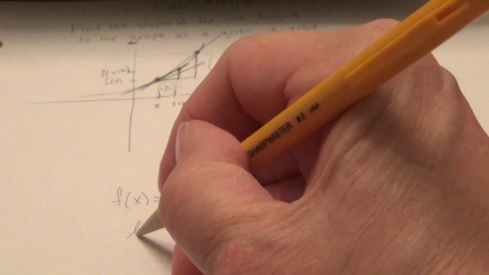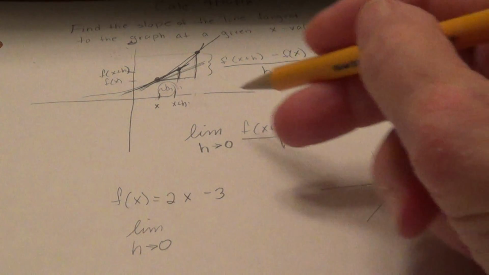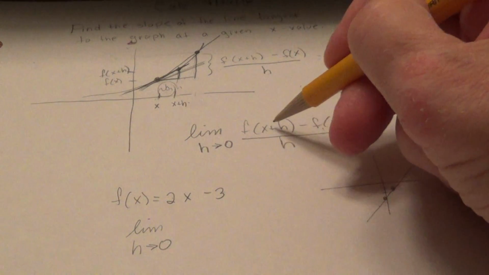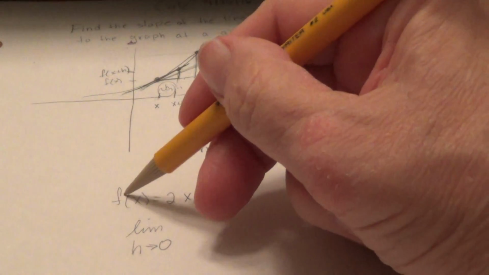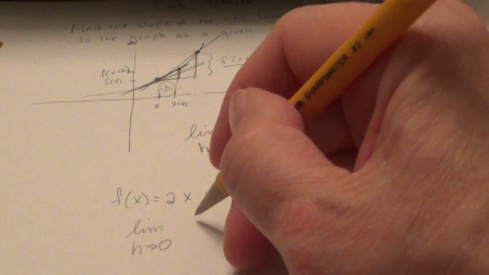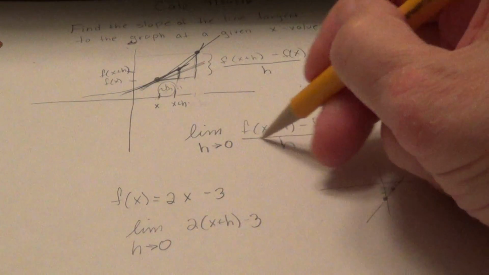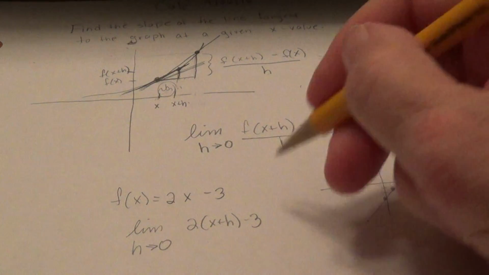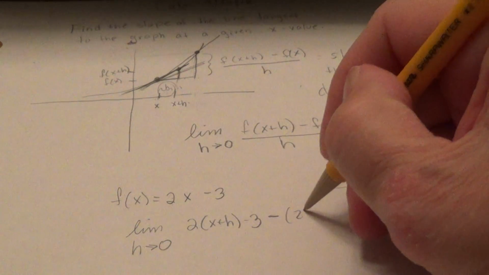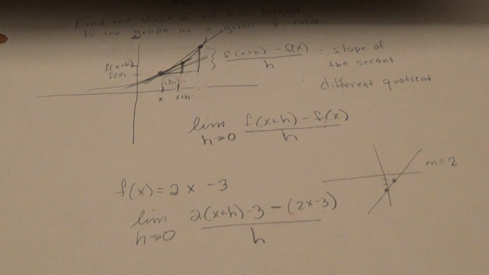So I'm going to take the limit as h approaches 0, where my function is f of x equals 2x minus 3. What would f of x plus h look like? Everywhere there's an x, I substitute an x plus h, so I get 2 times x plus h minus 3. Now I hit the minus sign, and the function follows it: 2x minus 3, all over h. Let's simplify.